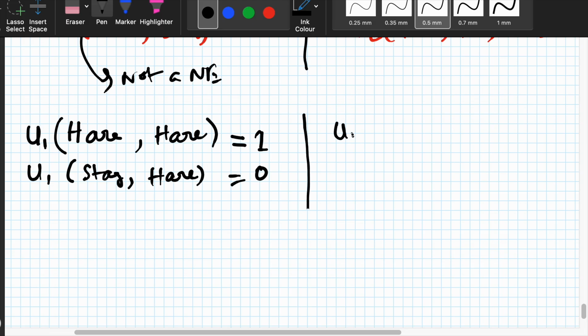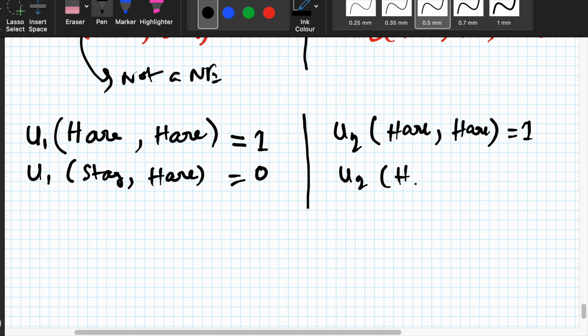Let's see from player 2's perspective. Here gives him a payoff of 1. Now if she changes her strategy from hare to stag, she will get a payoff of 0. So a similar situation appears for player 2 also. By unilaterally changing the strategy, she cannot get a better payoff.